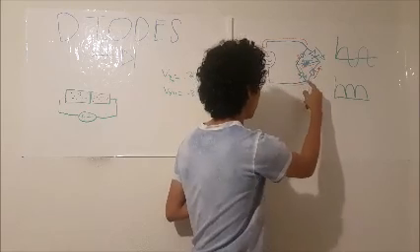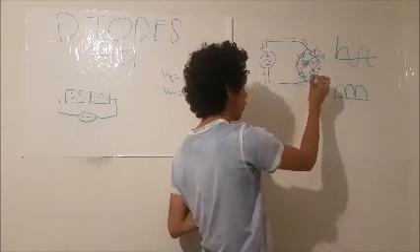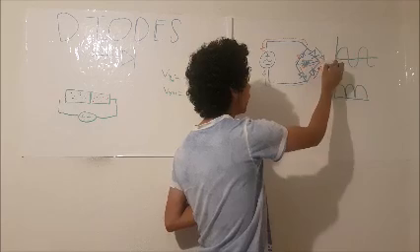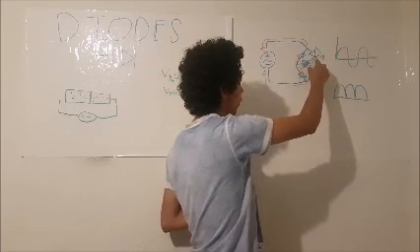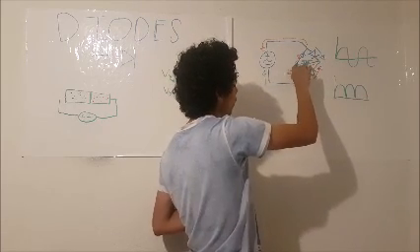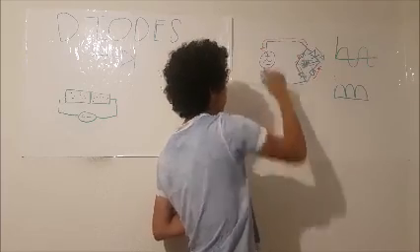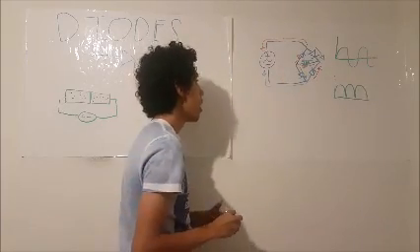It can go this way, so it goes in this way. It can go through this diode, so it crosses the resistor, and then it goes here and it returns to the source.